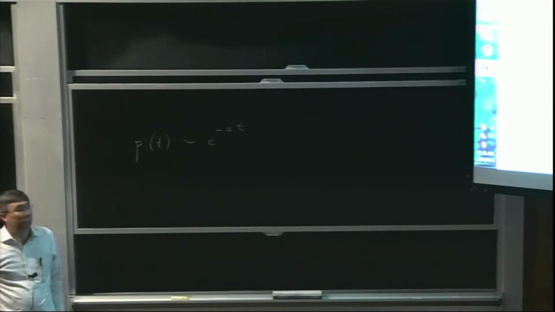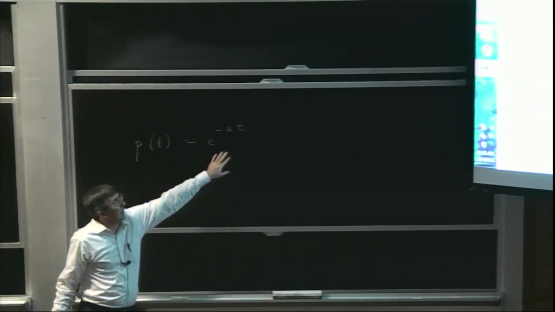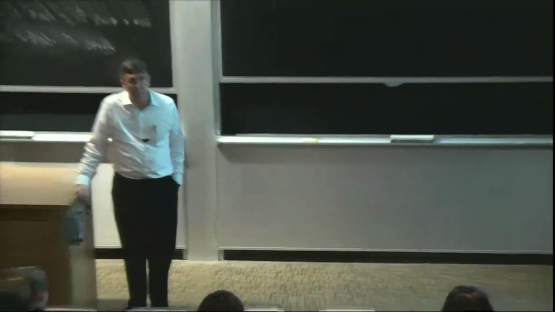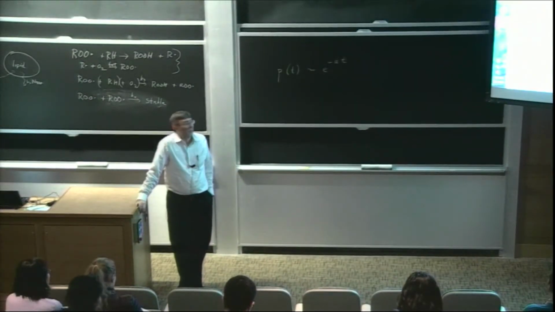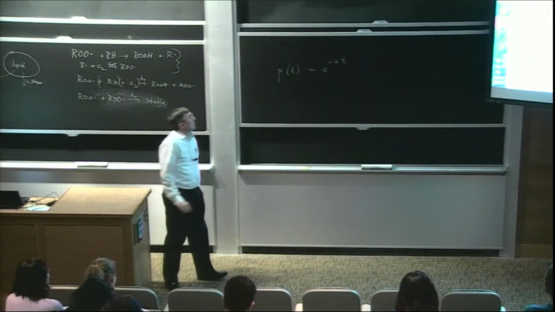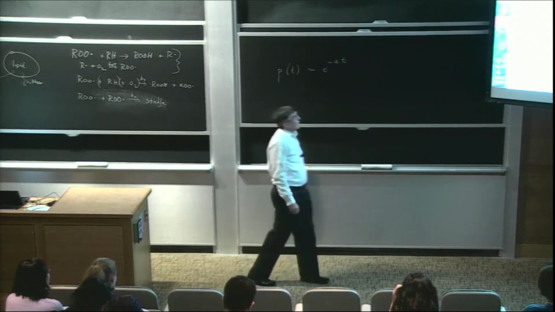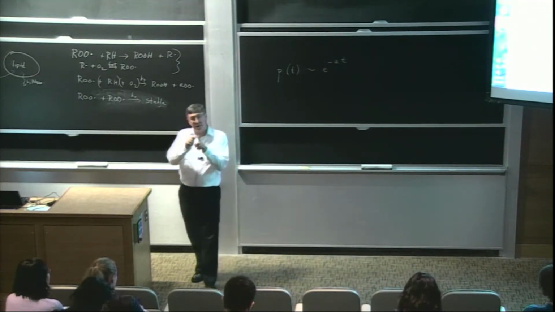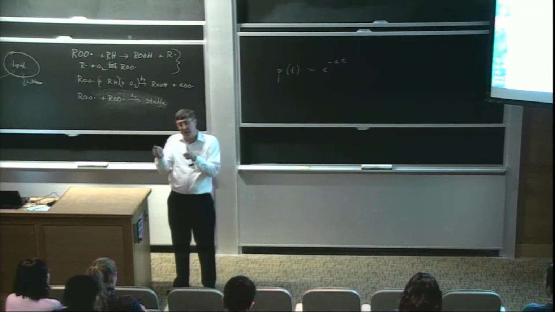So we're trying to sample from e to the negative a t, and that's what that log of the random number is doing. It's sampling from that distribution. And so we get a tau, how long we've waited from the time the last thing happened until the next thing happened.